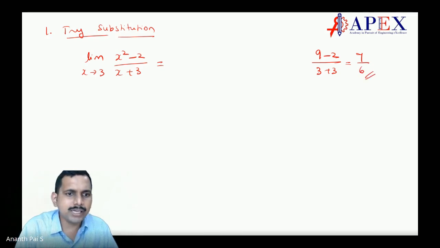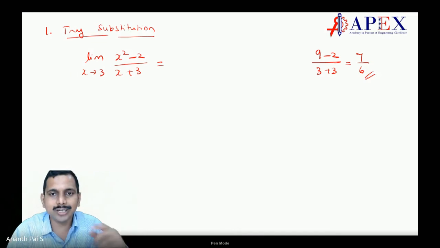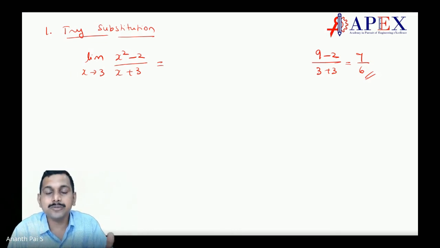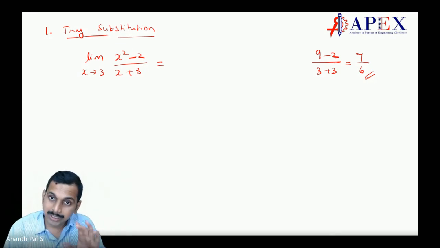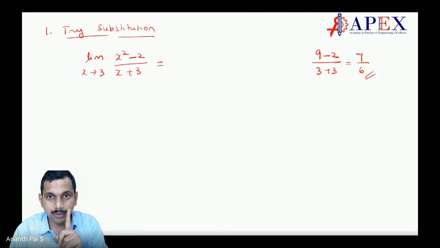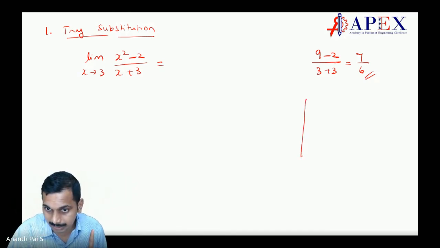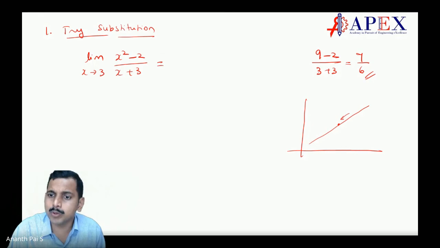Then why, sir, are you using limits? See, limit is not just for things which are not defined. The limit can be approached for any point. Very important to understand. It may so happen that the function is defined at a place, still when you approach from both sides, you will come down to the same limit.